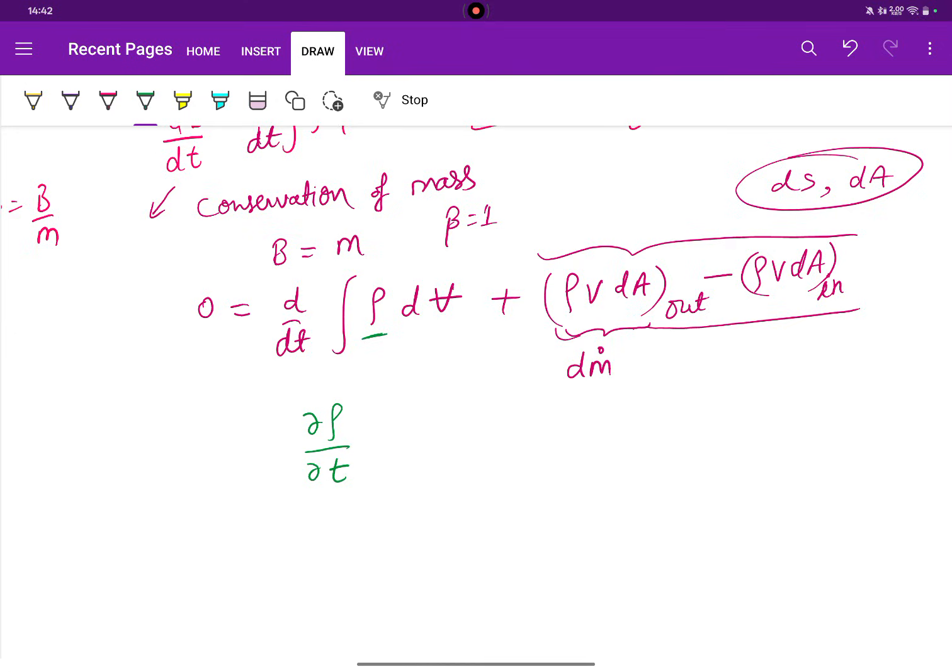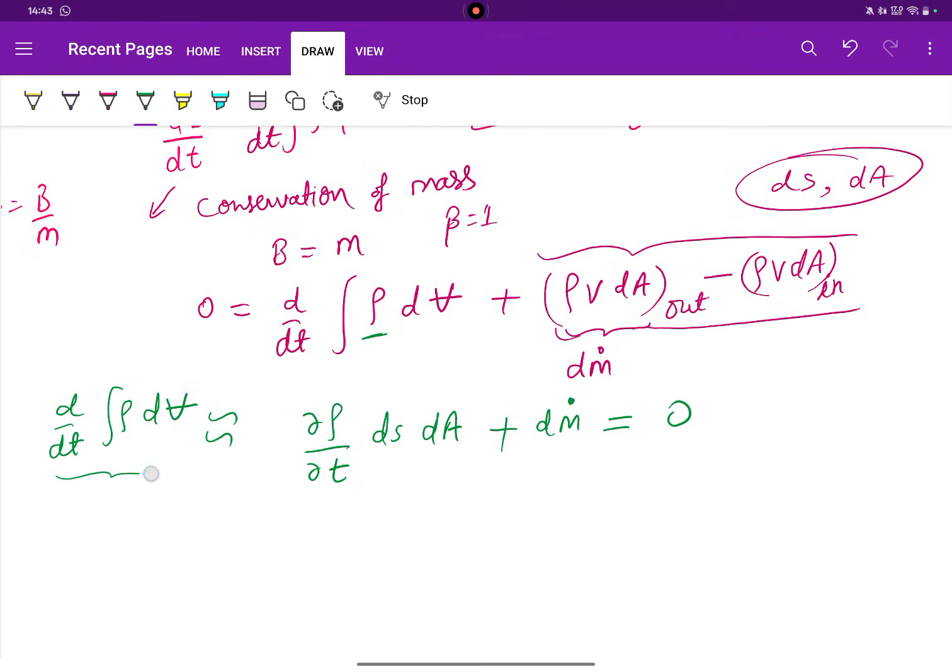And this term, d by dt of rho dV, can be approximated as ds into dA, and then plus this, dm dot, is equal to 0.